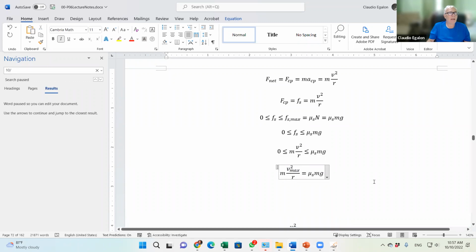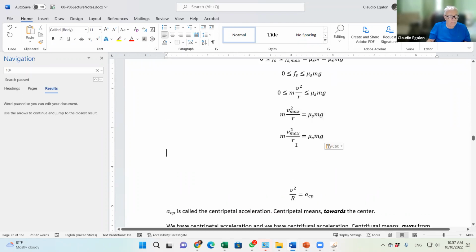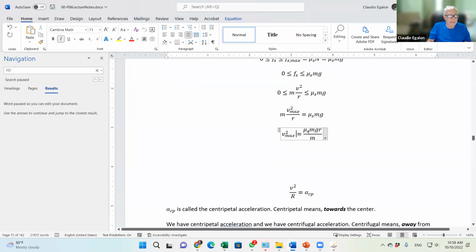This becomes an equal sign because we are using the maximum value of the speed, right? And we solve this equation, V max squared equals mu s g R, and note that the mass cancels out in this equation. So the maximum speed does not depend on the mass of the car.